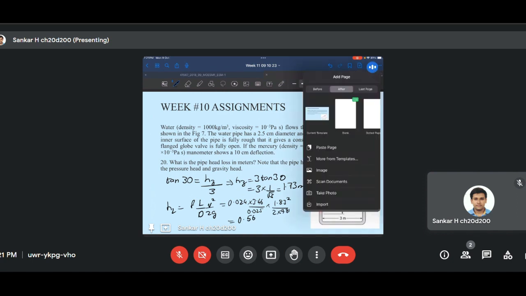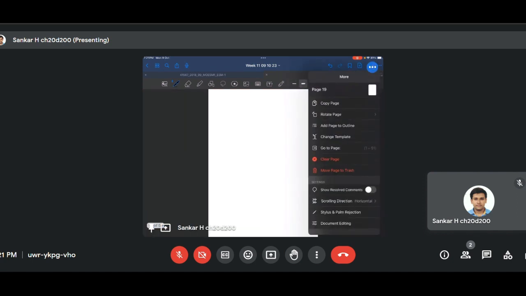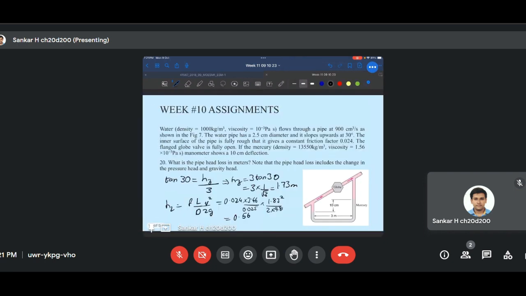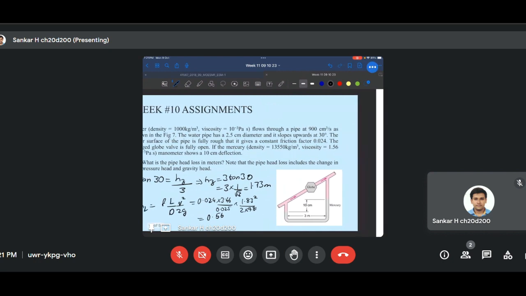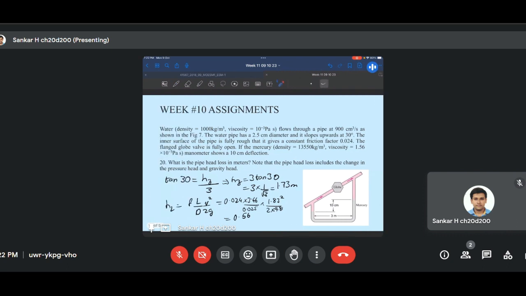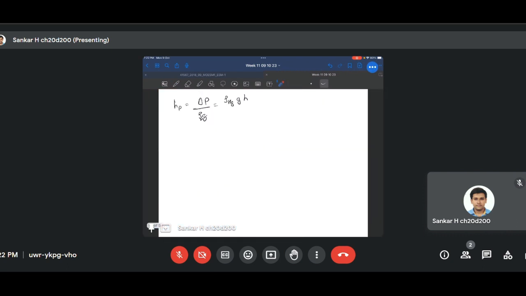Okay, there is one more calculation that needs to be done for calculating the pressure difference. This is delta P by rho G, and delta P is given by rho water, which is the fluid that is flowing through the pipe, and this is the mercury, times G times the height that is given in the manometer.